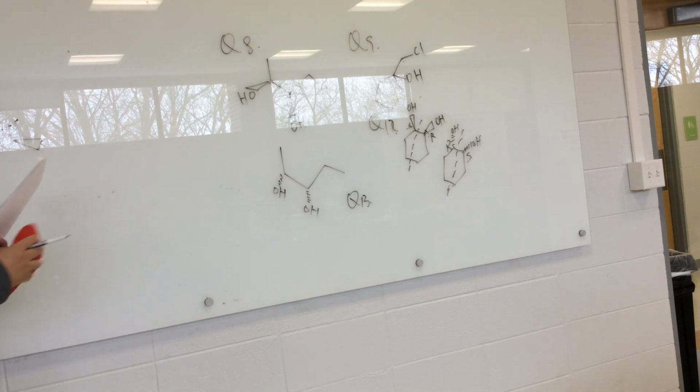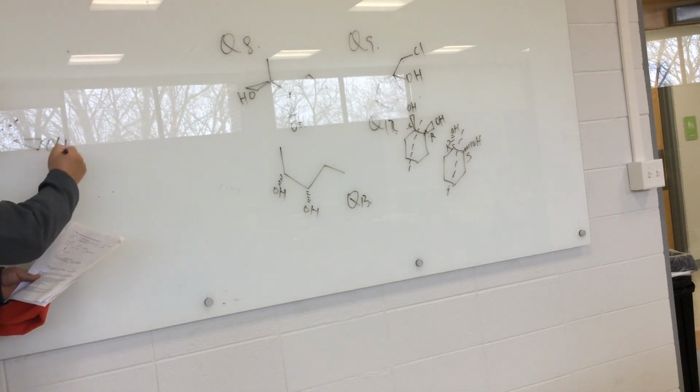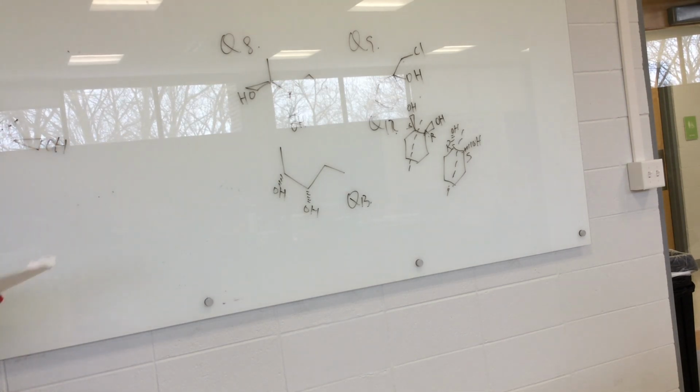But if you replace this methyl group with OH, they still have opposite chirality, but the chirality cannot cancel because it's not a symmetrical structure, right? If this is a methyl group and this is a methyl group, then it's symmetrical. But if this methyl group is replaced by a hydroxy group, then it's not symmetrical anymore.